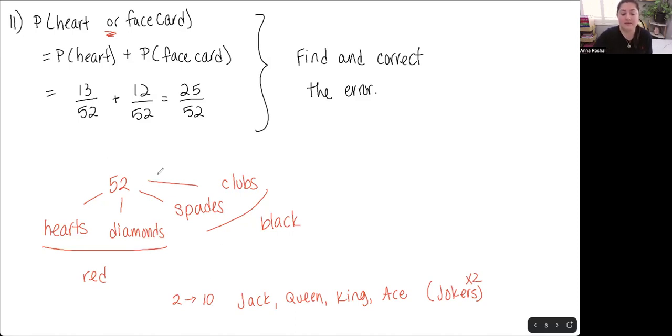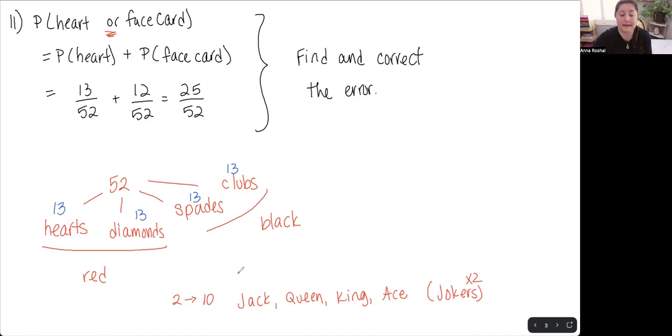So if I were to divide this 52 into 4 even pieces, we would end up having 13 of each type of card. Okay, so we have 2 through 10, which is 9, and there's 4 of each, right?